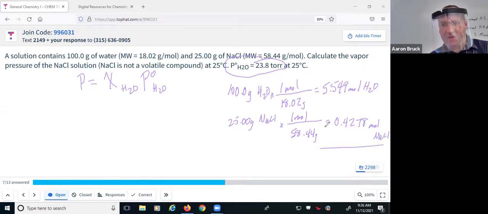We need to add those together. And rounding to 3 decimal places because our less precise value is known only to 3 decimal places, we get 5.977 moles.